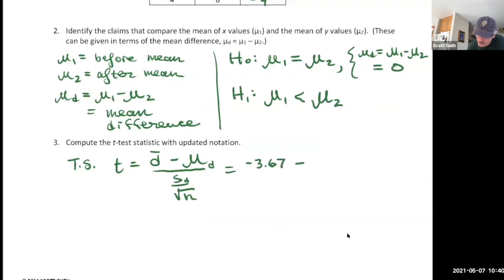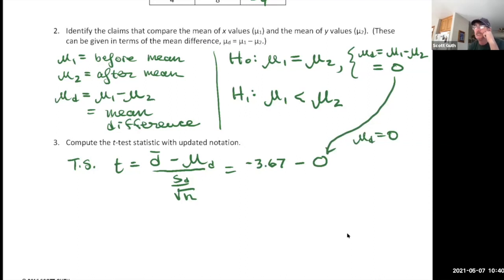Mu d, if you look at the null hypothesis here, it says mu d is 0, and we always assume the null hypothesis is true. So we're going to put in a 0 right there. Okay, so mu d is 0 based on the null hypothesis, and that won't change. I think there's one problem in the homework that says on average people lost 10 pounds.